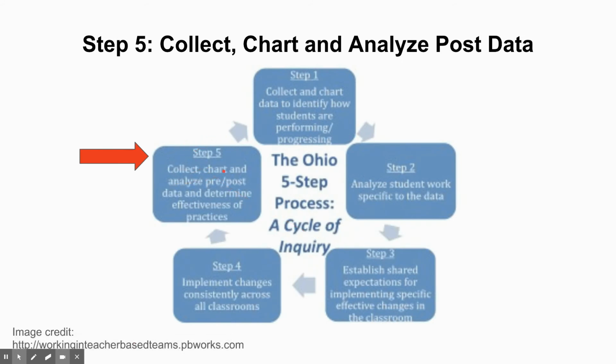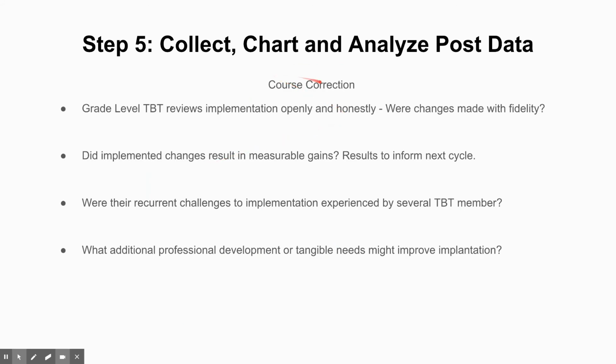Our last step here is to collect, chart, and analyze that post data and determine how effective was our plan. How effective were our new practices in doing what we wanted them to do? So some course correction.